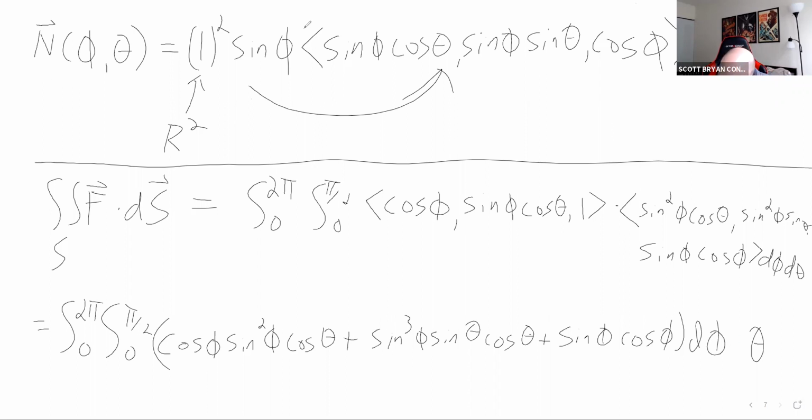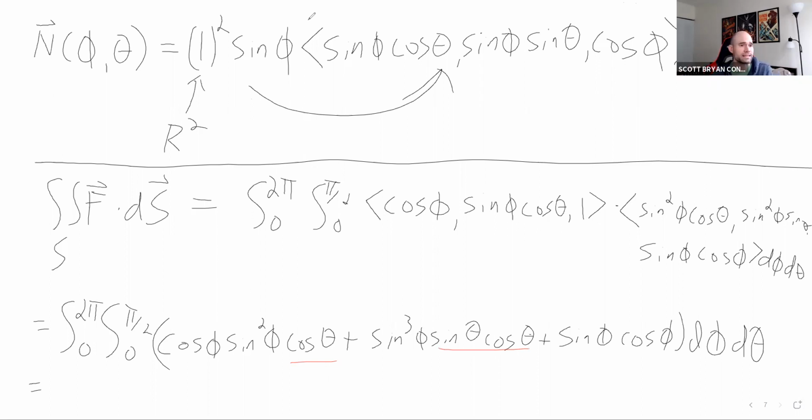Okay, so we could spend a while doing this, or we could be smart about it and notice that when we integrate with respect to theta, we have this cos theta bit. When we integrate that from 0 to 2 pi, that's going to be 0, because it's just sine theta. And then sine theta cos theta, we could use substitution, and we end up getting 1/2 sine squared theta.